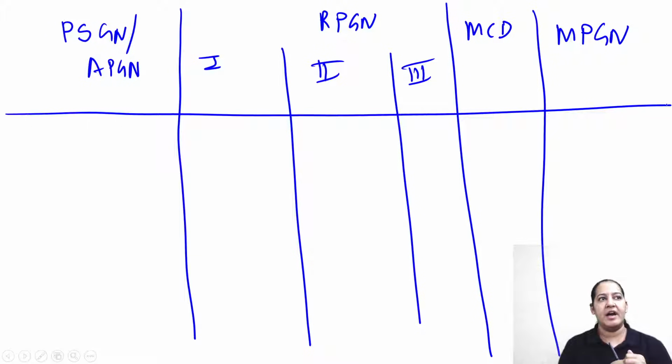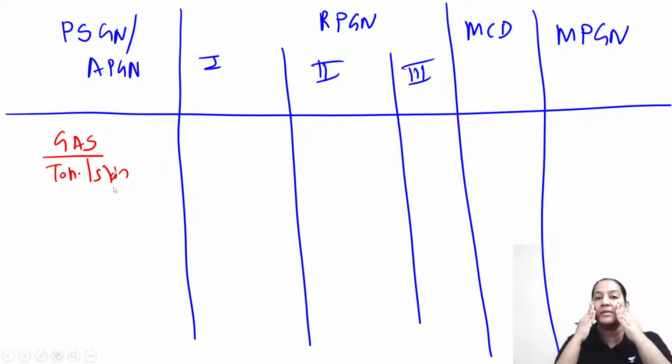Have you got it? So you tell me, what is happening? In PSGN or APGN, a bacteria is coming. The name of the bacteria is group A beta streptococcus, that is causing tonsillitis or skin infection. So imagine a person is having tonsillitis or a skin infection of group A beta streptococcus.